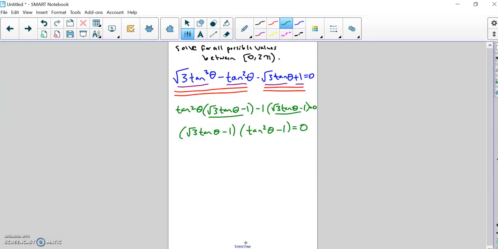Okay, now I have a product that is equal to 0, one thing times another thing. So what I'm going to do is take each one of these factors, set them equal to 0, and I'll solve. Okay, so there's my first statement. Second statement is tangent squared of theta minus 1 equals 0. If I take this first statement, I will add 1 and divide by the square root of 3.